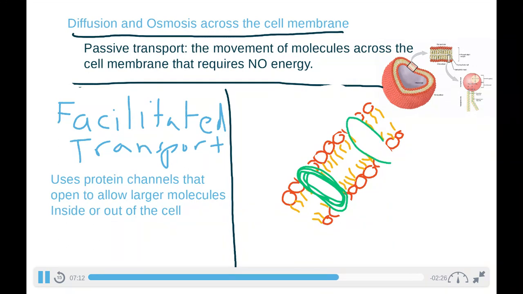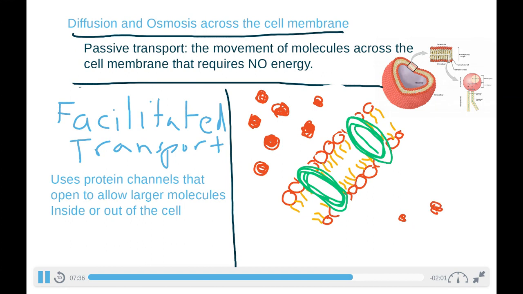So you got these big green gates, and we're going to have some large molecules of sugar here, and they're going to be in a high concentration. This is still a passive type of transport that requires no energy from your body. It just simply moves from a high concentration to a low concentration by diffusion.